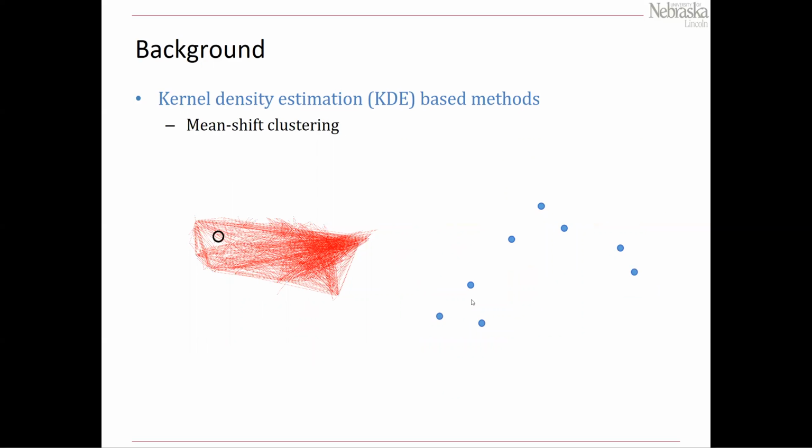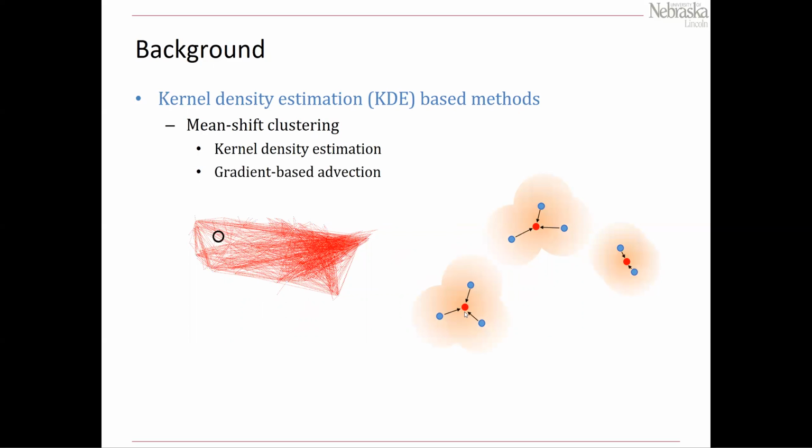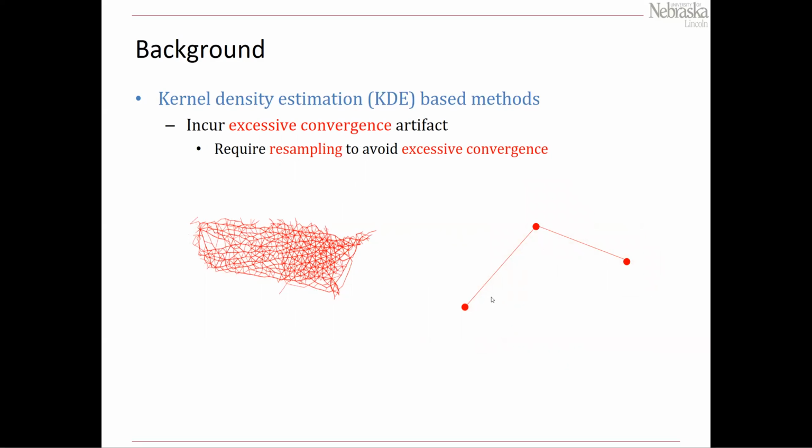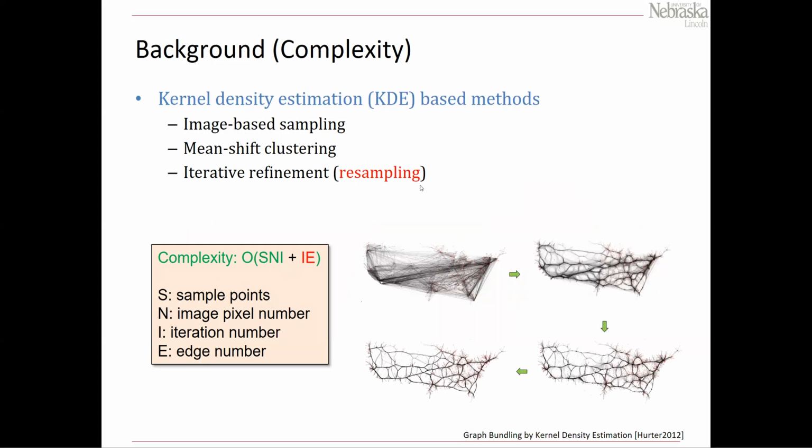The basic idea is, given a set of points, locally you generate a representative point. This is similar to a clustering algorithm. But if we directly apply this algorithm, certainly we can merge different edges into a few points, so you can generate this straight line, but essentially you will generate this pattern. So they address these issues by applying a resampling algorithm.